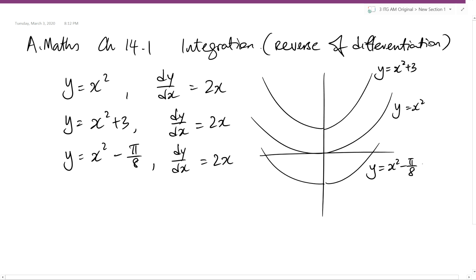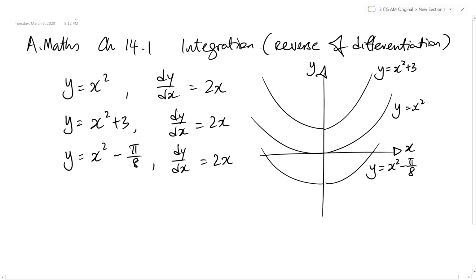These are three different graphs, but for the same value of x, for example, when I choose an x value of 2, the same x value of 2 will result in the same gradient for all of them.